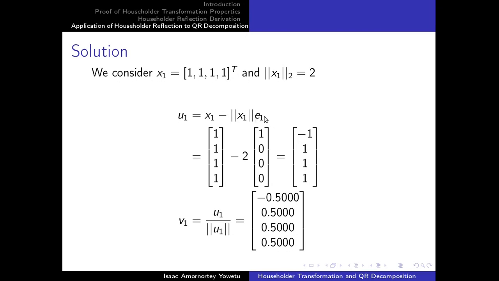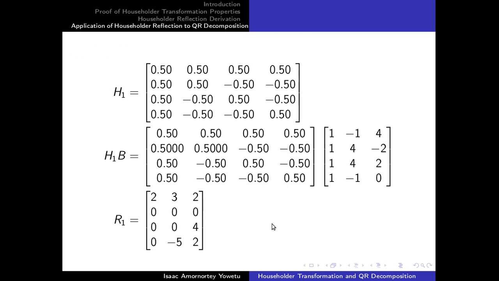We have seen this before, and then we just substitute, which gives us our nice vector here. We then go ahead to find our v1, which, like we said, is the householder vector.